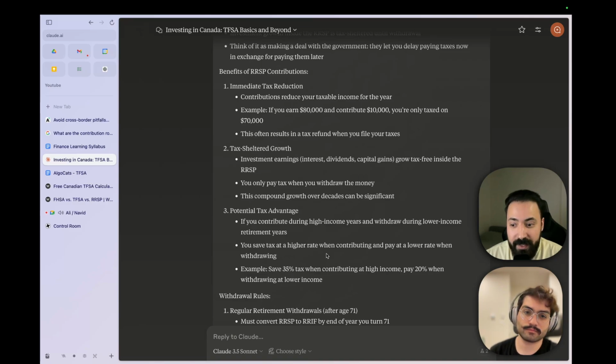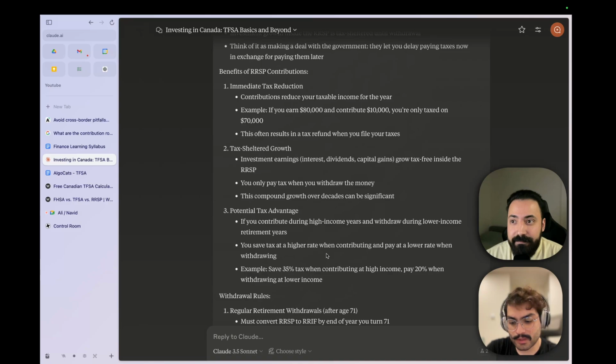Let's say your income is 100K, your tax level is higher, and as a result, you are paying more taxes. But when you are retired, your annual income might be around 60K. So your tax bracket is lower, and you are paying less taxes. So if you take this money out, you are paying less taxes on your money.